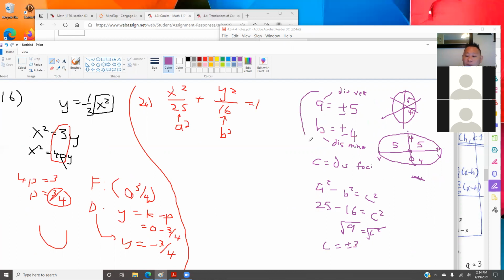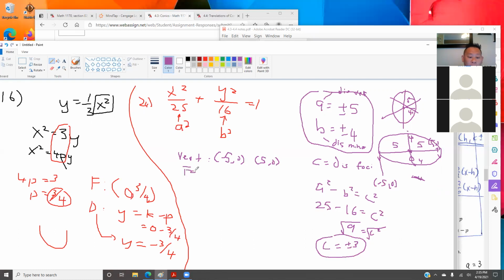Okay, so this a, b, c is all important, because it will tell us how to draw your graph and how to figure out your vertices. So how do you figure out your vertex? Since the center is at 0, 0, and this is 5 each way, your vertices in this case will be -5, 0 and 5, 0.